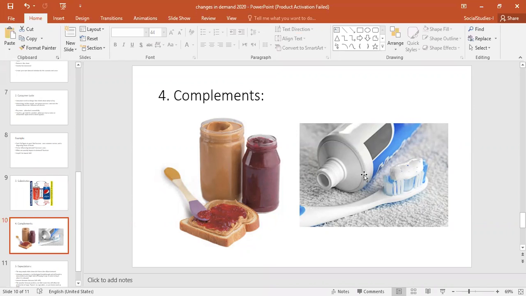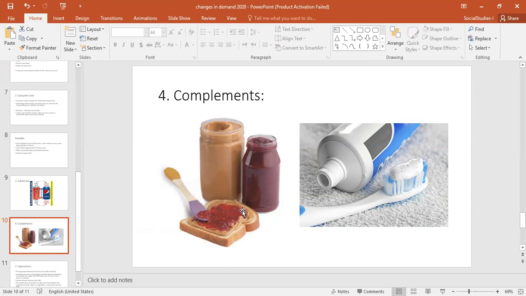Now, what is the relationship between complement goods? If the price of peanut butter goes up, automatically we know that the demand for it is going to decrease. And if the demand for peanut butter decreases because its price has gone up, this reflects automatically on the jam: the demand for jam will also decrease, because it's a complementary good that goes hand in hand with the peanut butter.